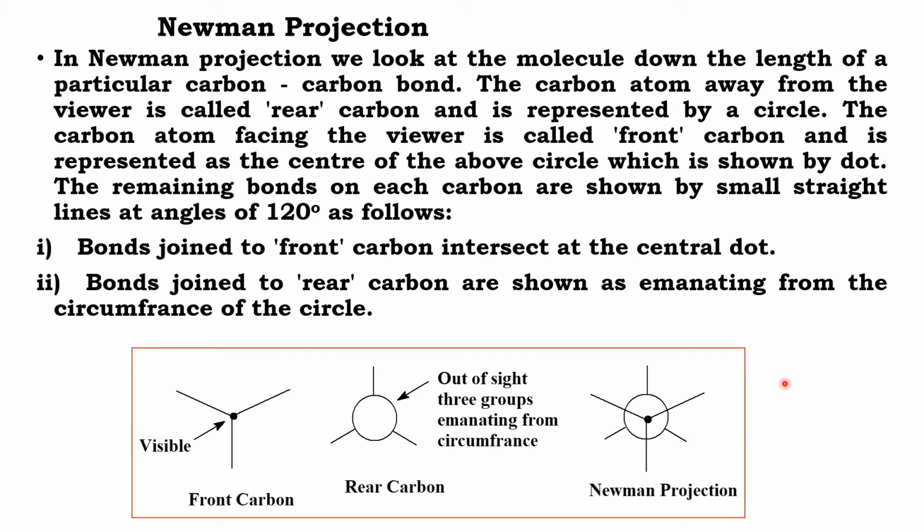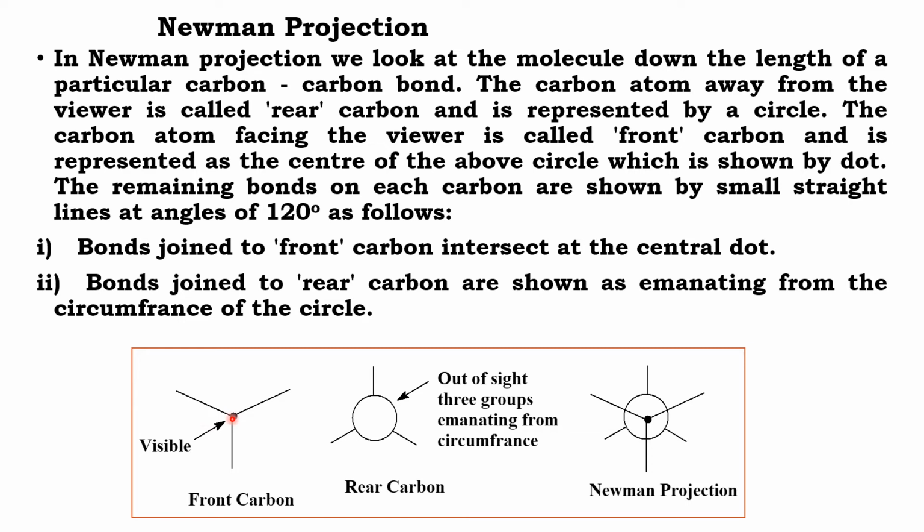Now we move to the Newman projection formula, which is very simple. When we consider the Newman projection formula, we will consider a circle as the carbon atom, and the circle of the carbon atom represents the back carbon atom or rear carbon atom, and the first carbon atom is represented by three lines.